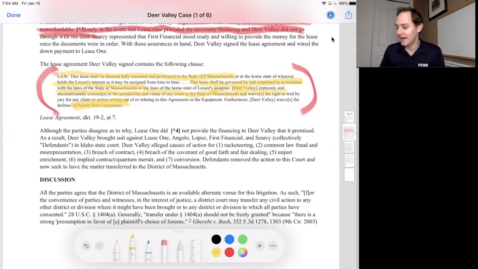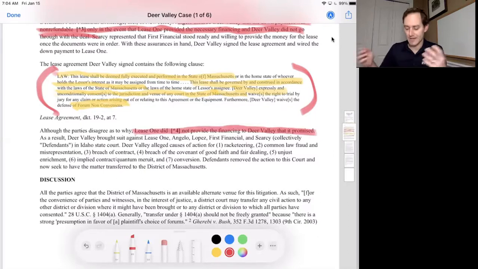Okay, now this is where the dispute really hits the fan. The parties disagree as to why, but Lease One did not provide the financing to Deer Valley that it promised. Lease One is going to say there are some other reasons why it didn't provide all of that, and that's in dispute.